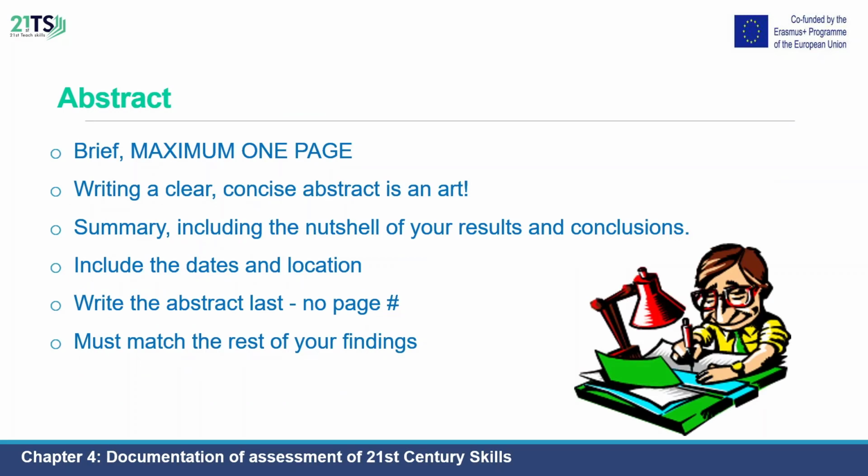In an abstract, normally it's very brief, it's a minimum of 1 page, and you have to write a very clear, concise abstract. An abstract is an art to draw your reader's attention. It is a summary, including the nutshell of your result and conclusion, and includes the date and the location where the data was collected.